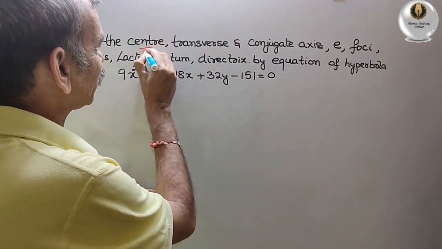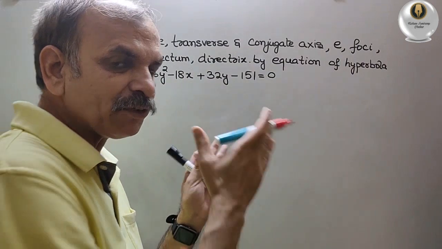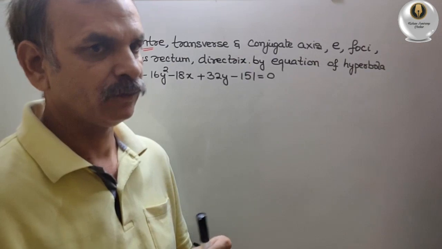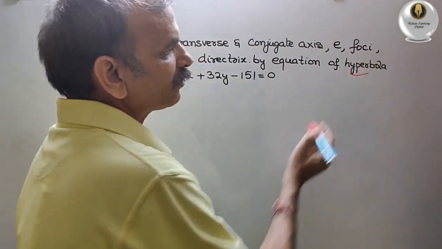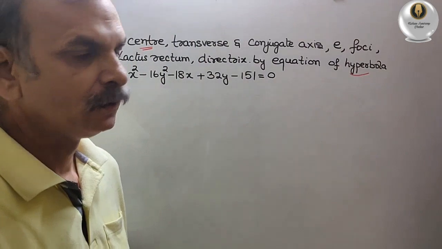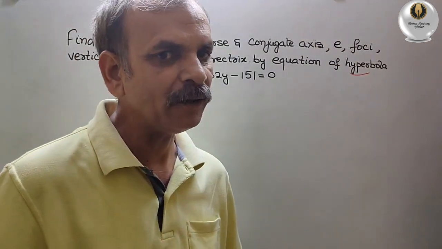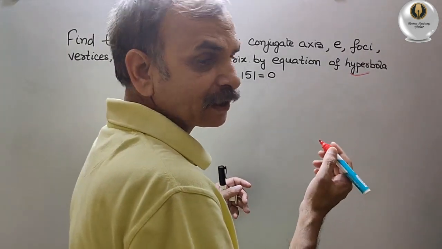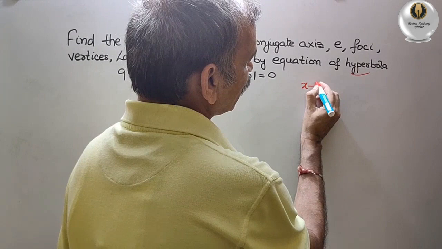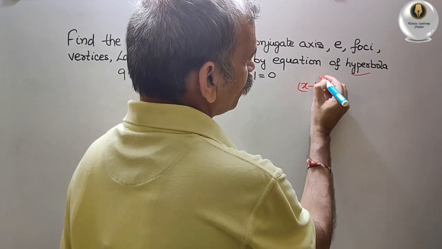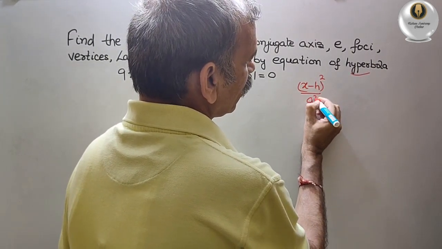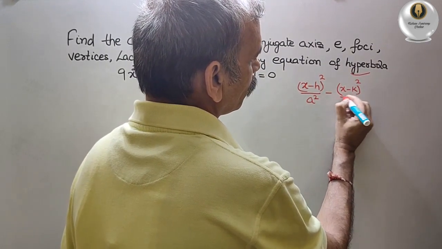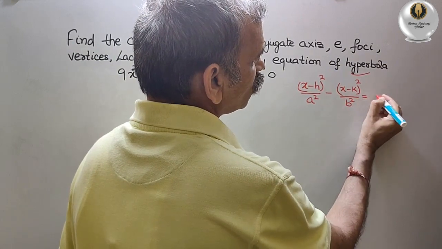But here, see what they have asked. They have asked for the center. That means the center is shifted somewhere, and we have to find it out in the hyperbola equation. If it is a normal hyperbola, the equation will be (x minus h) whole square by a square minus (y minus k) whole square by b square is equal to 1.